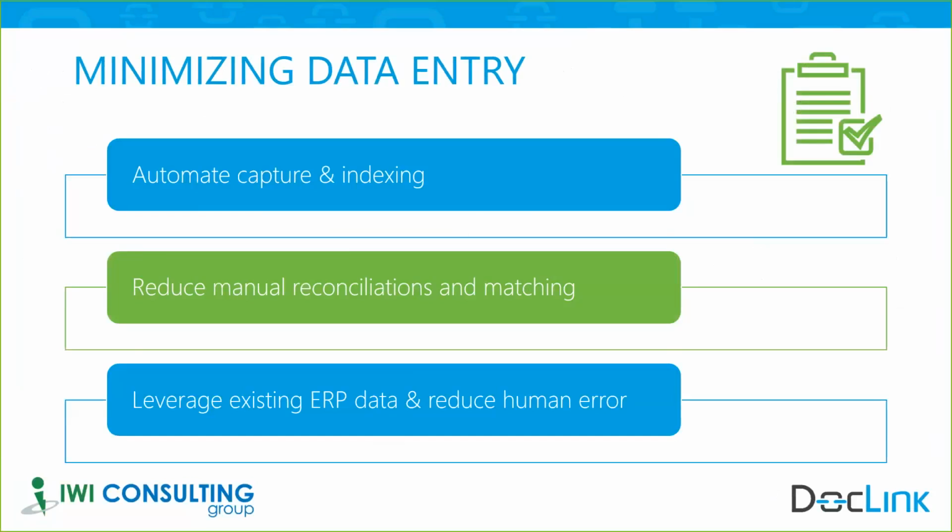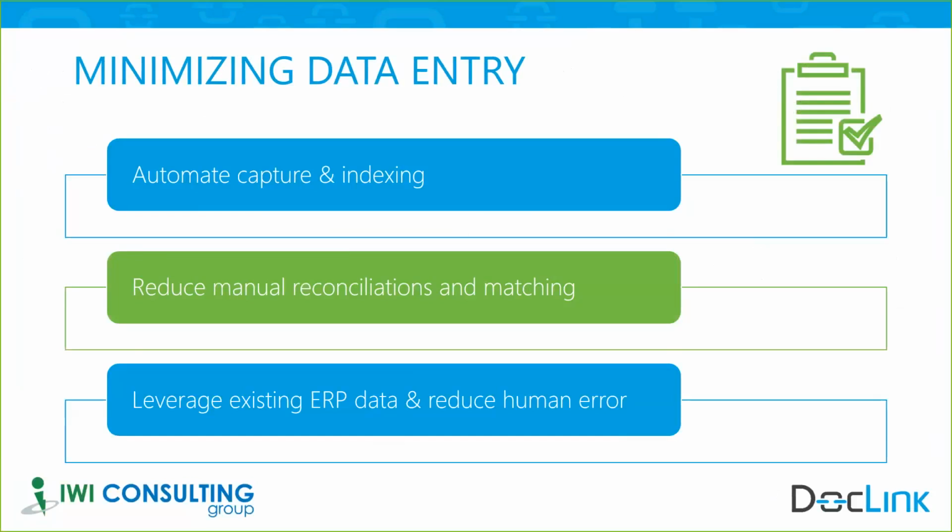Now, we're heading towards the end of our discussion very rapidly, so let's start gaining the pace. Minimizing data entry is a very important part of the process, and regardless of how documents come into your customer's business, they can safely capture and index the data automatically.